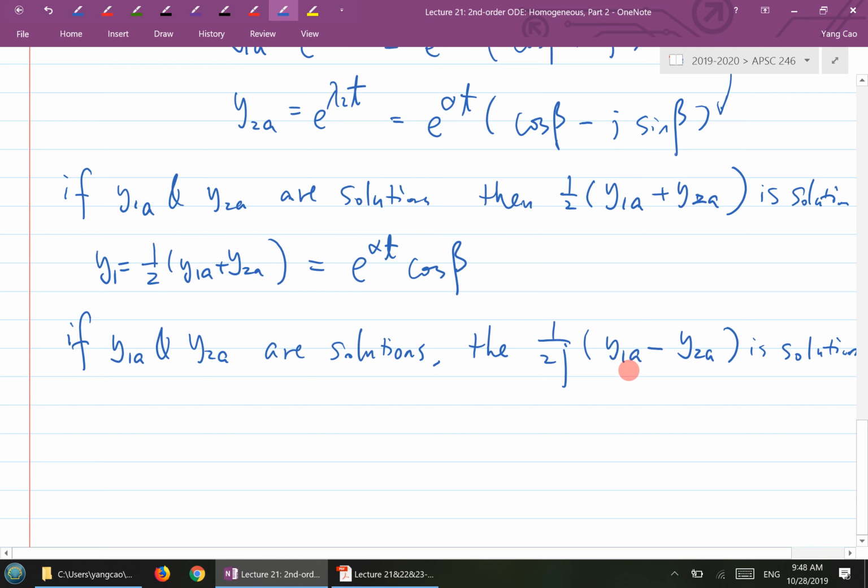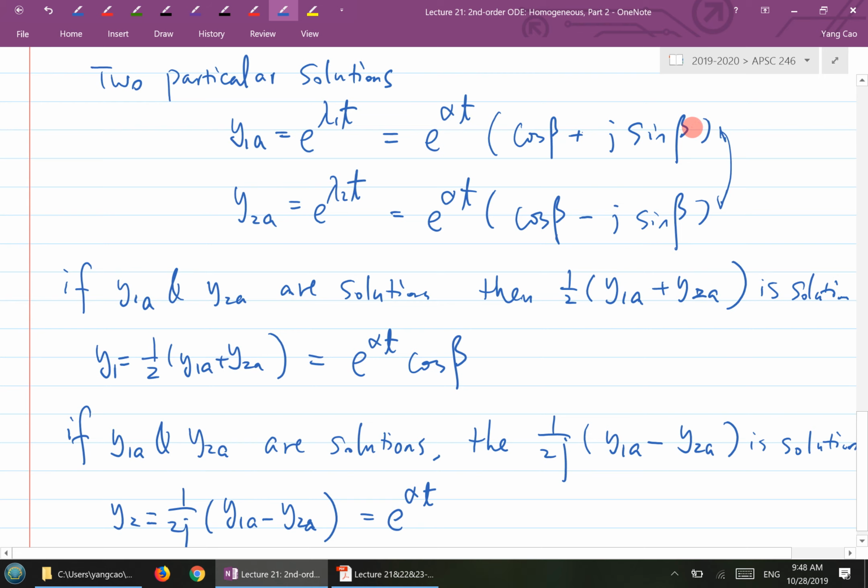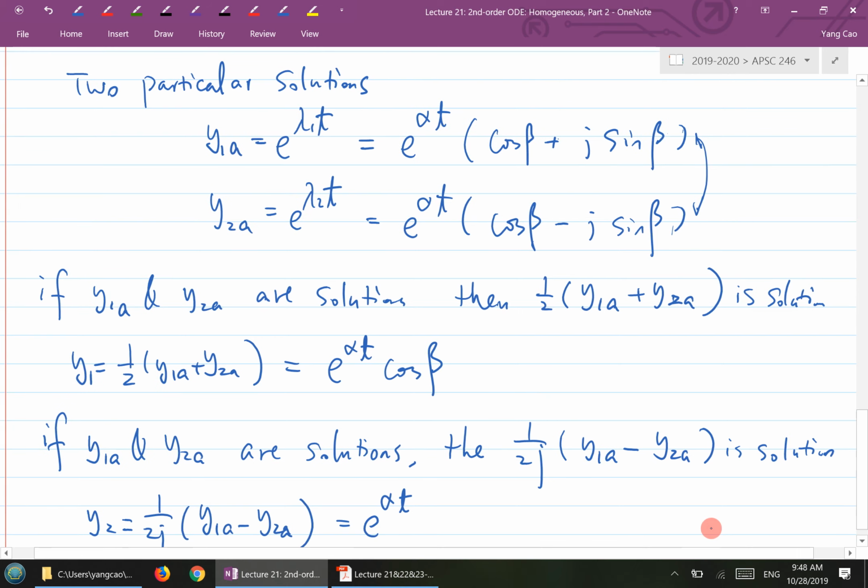So now let's call this y2. What is y1a minus y2a divided by 2j? This gives us e to the power of alpha t. The first one minus the second one, so this is a common term.